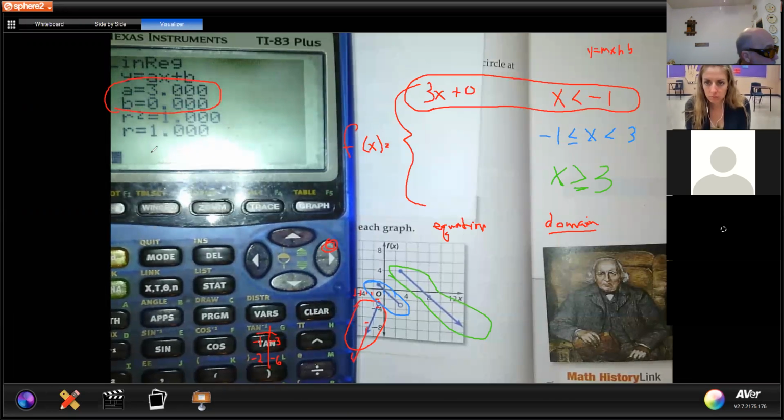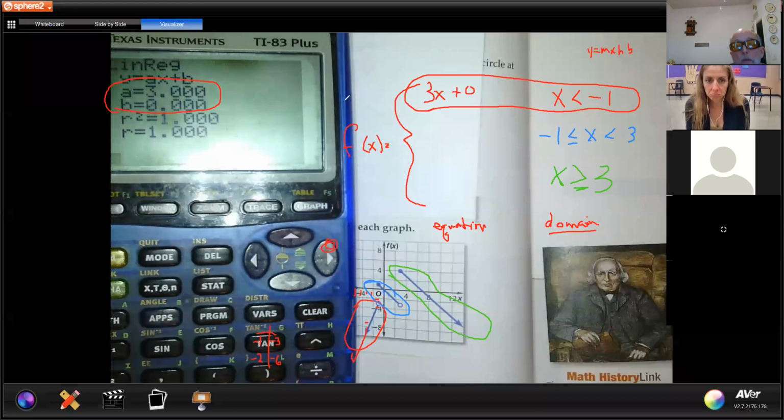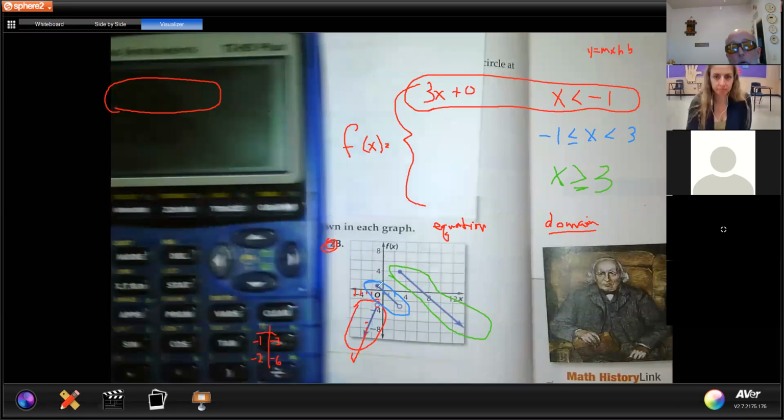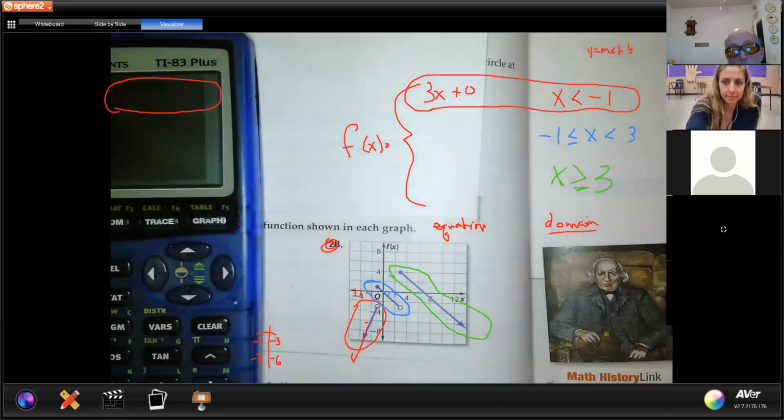Now let's do it again. Let's do the middle piece. For the middle piece, I have to know this point. That point looks like -1, +1. So I've got -1, +1. And then what's the other endpoint?